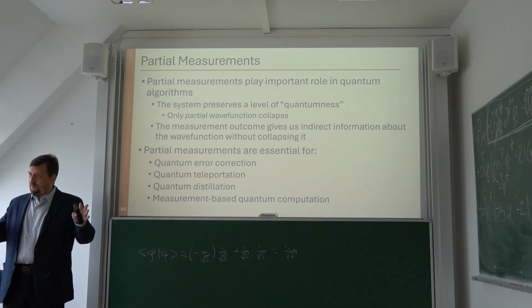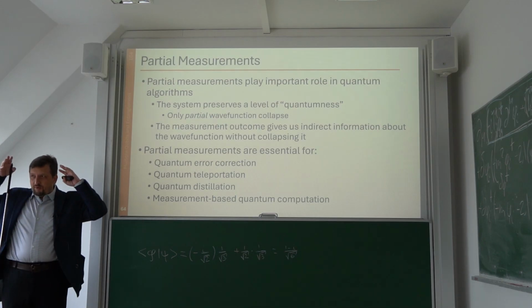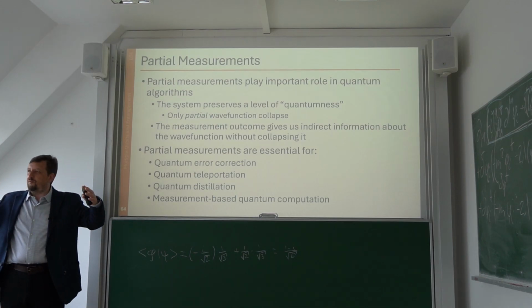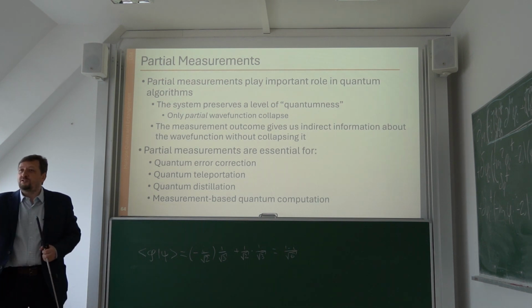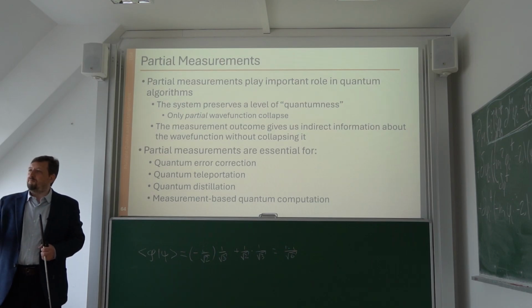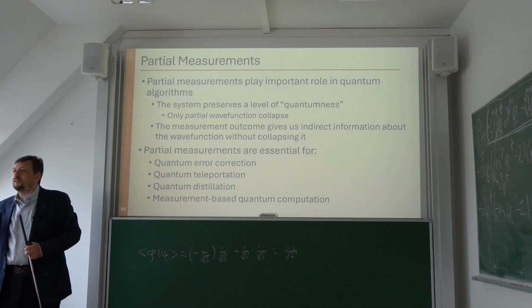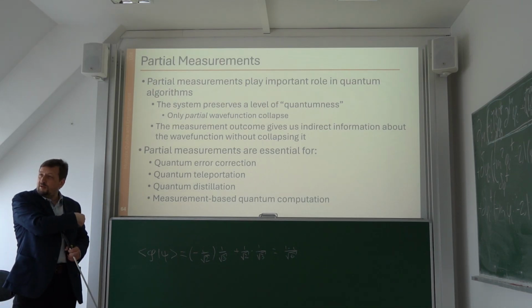There are no gates. Initially, there are some prepared, very complicated states of many qubits. After the state is prepared, we just measure qubit after qubit. Just the measurement. But which qubit we measure and in which basis depends on the results of previous measurements.